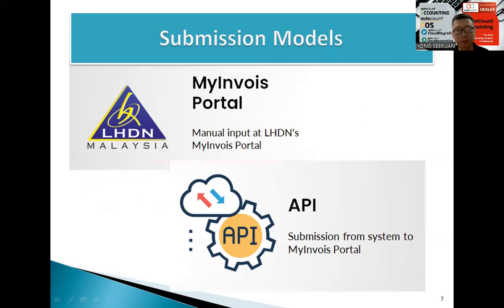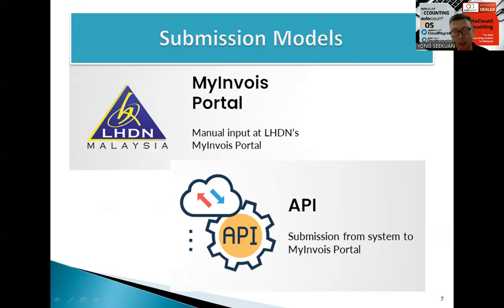Secondly is the API. The LHDN IT department has designed and opened a facility we call the API. It is actually a system module to link your system with their MyInvoice portal so that you can directly submit your invoices to their server. That is what we call the API.